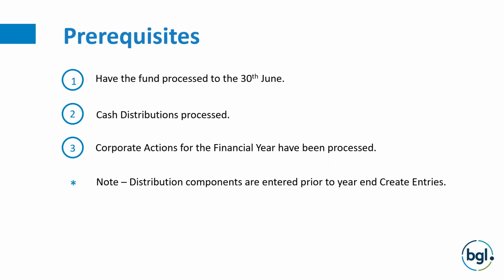Finally, you are yet to create entries. The reason for this is that when you create entries, and when they're processed for the financial year, the annual return is then populated. So the idea here is that when we enter the tax components for the distributions and then create entries, the tax components from those distributions can then flow into the annual return.